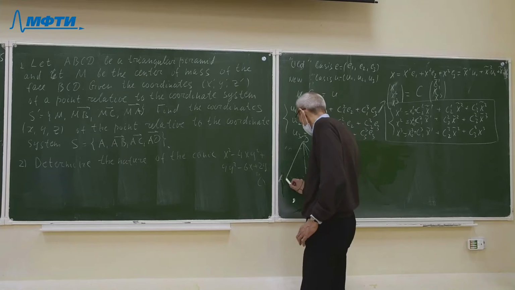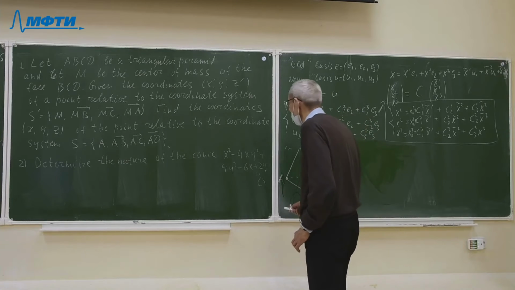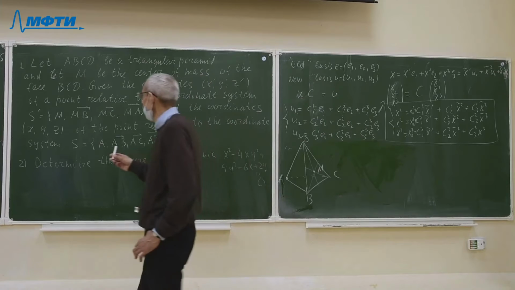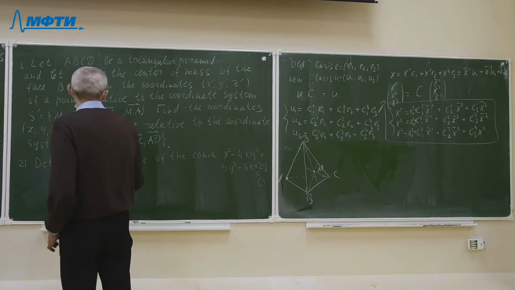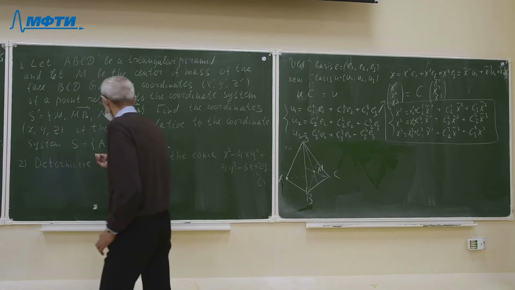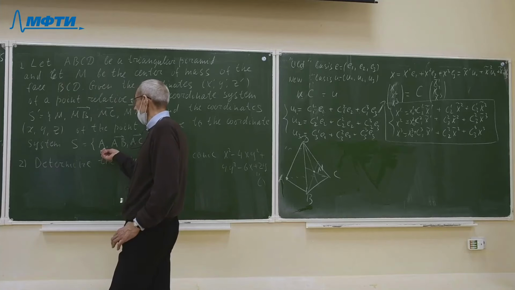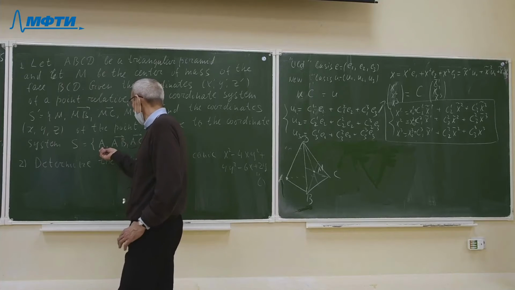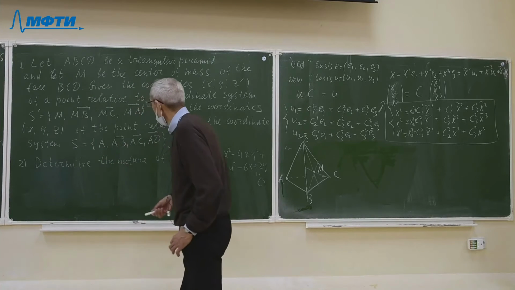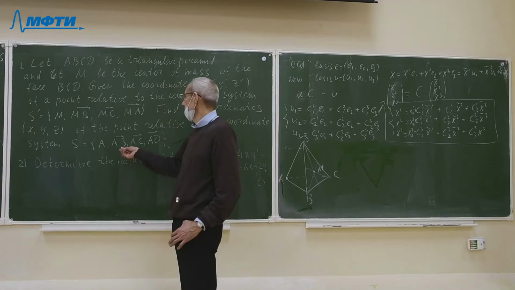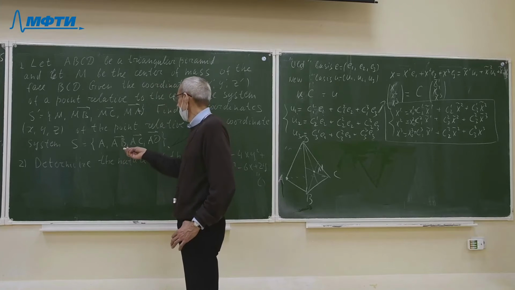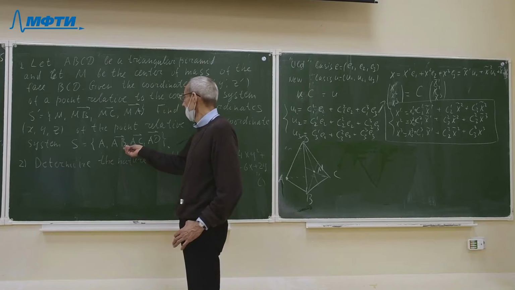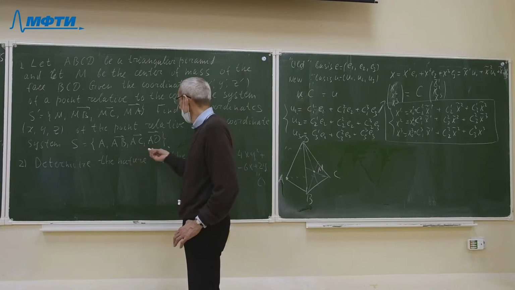In the old coordinate system, we have the origin at point A, and the basis vectors are the vectors AB, AC, and AD.